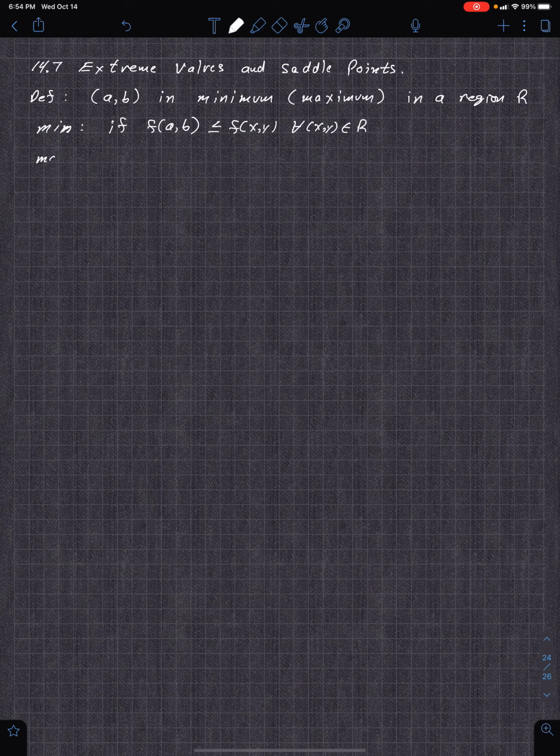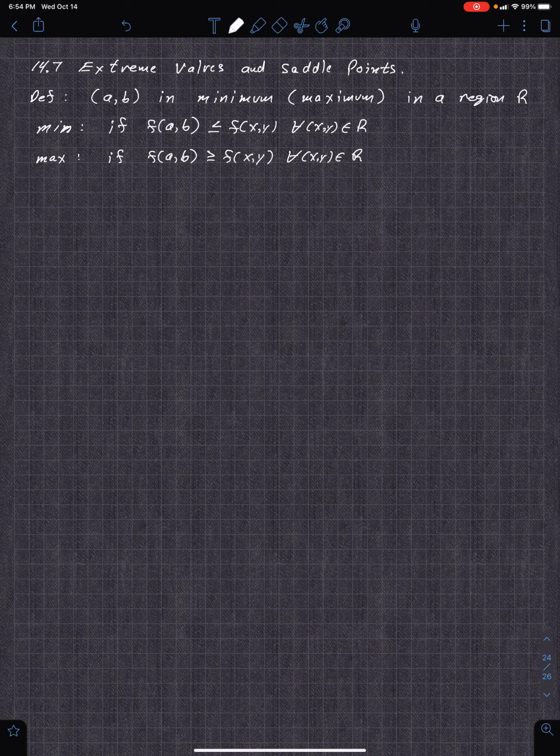And then maximum, if f(a, b) is of course greater than or equal to everything else, f(x, y) for all (x, y) in R. Okay, so that makes sense.